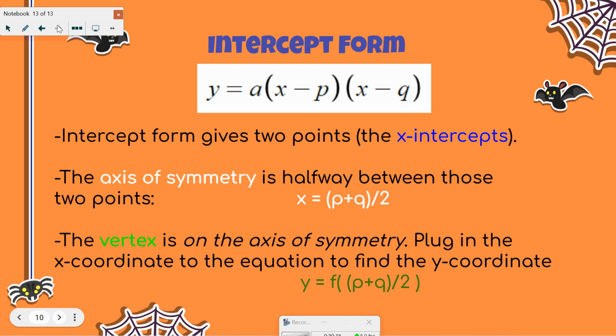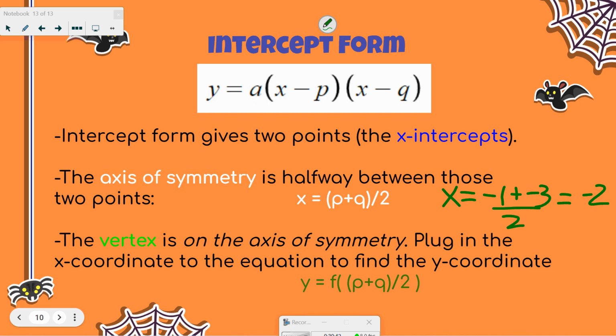So think about our problem before, we had -1 plus -3 over 2, which gave us -2. And if I know an x value for any point, right? So this is my x value for my vertex. How can I always find the corresponding y value if I know the x?